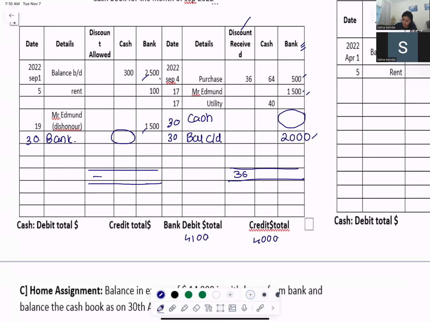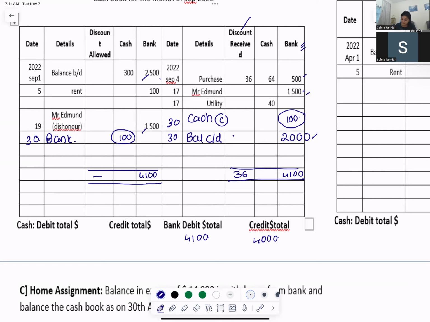So what will be withdrawn from the bank? Only 100 will be withdrawn. 100 will go from the bank and come in the cash. What was the debit total of bank? 4,100, and I will write it on both the sides.